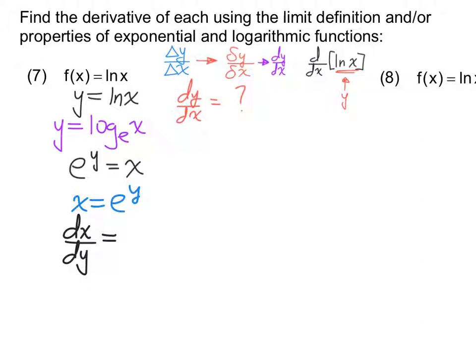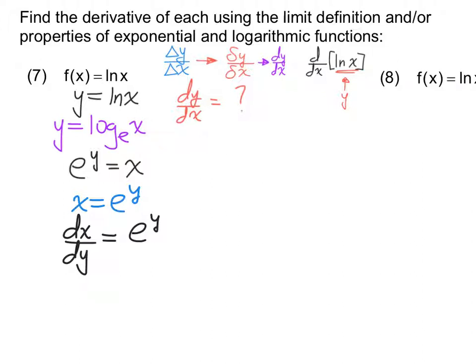Everything's reversed, right? We had y in terms of x, which gave us dy dx. Now we have x in terms of y, so roles have been reversed. What is the derivative of e to the y? e to the y.